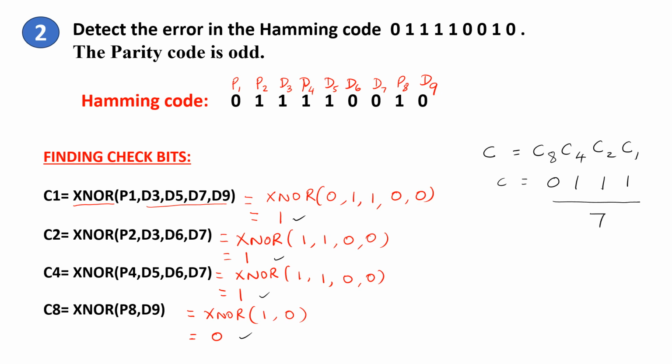So there is an error in bit 7. So bit 7 is this bit. So you can now correct the code. The corrected code is 011110. Since the error is in this bit, 0 changes to 1, then 1 to 0. So this is the correct Hamming code.